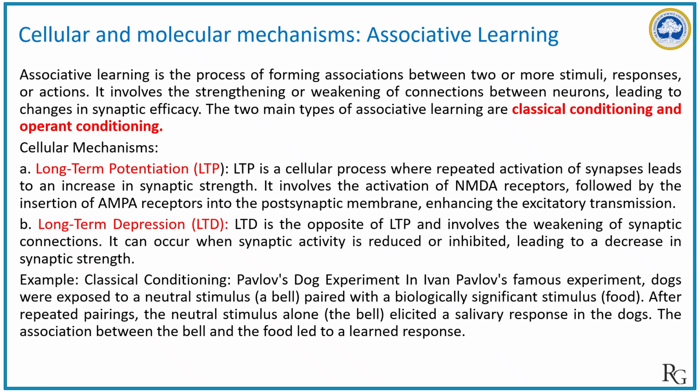So, in summary, both associative and non-associative learning depend on cellular and molecular changes in the synapses. By increasing the strength or weakening the neural connections, the brain is able to adapt, remember, and modify behavior based on experiences. These mechanisms are fundamental to all sorts of learning, from simple habituation to complex conditioning.